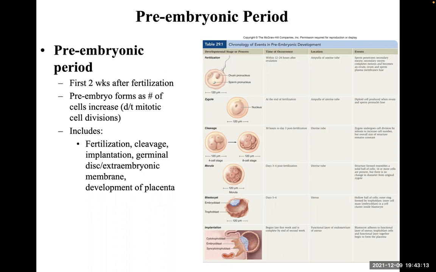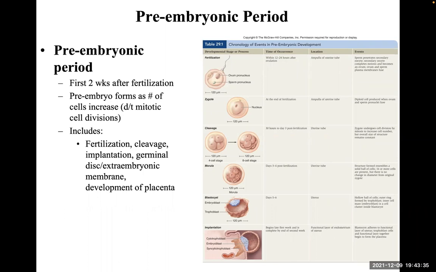And it specifically undergoes a type of mitosis that's called cleavage. What makes cleavage unique is that with cleavage, you see an increase in the number of cells without a corresponding increase in the size of the structure. And that's really important because this structure is traveling through the fallopian tubes, which are of a very specific and relatively small size.